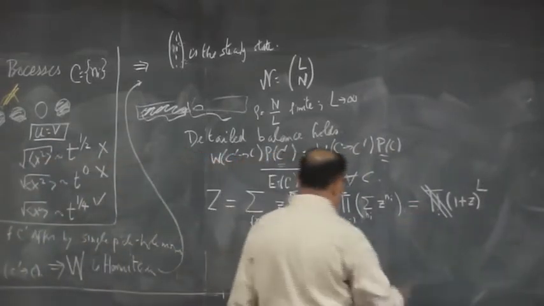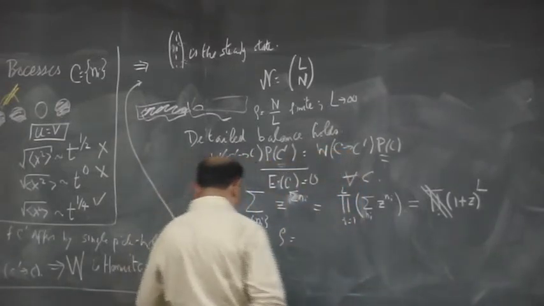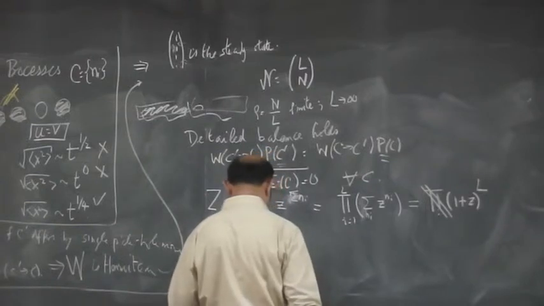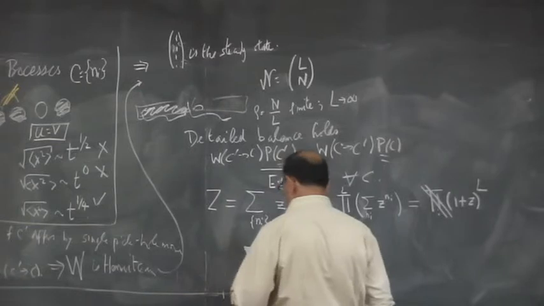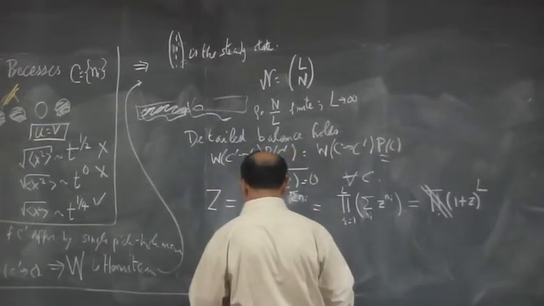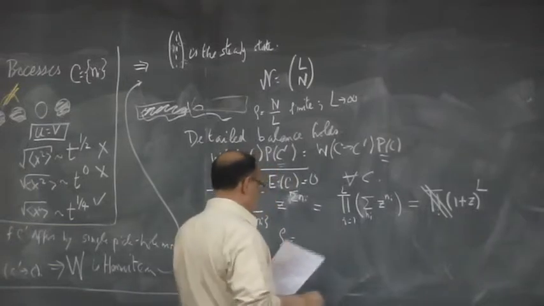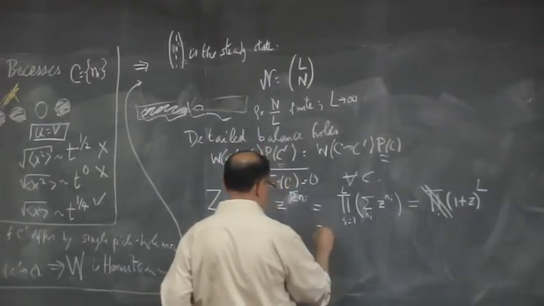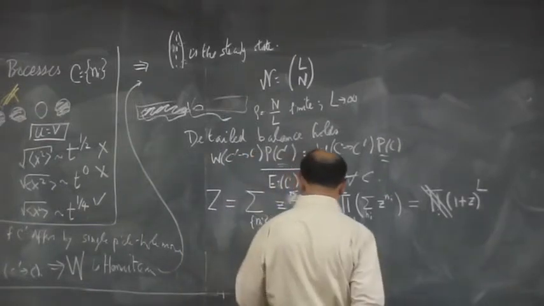If you like, you can determine the density immediately from this. So rho is equal to z times the derivative of log of the partition function with respect to z, divided by N. So rho is simply z over 1 plus z, which you can invert if you want.